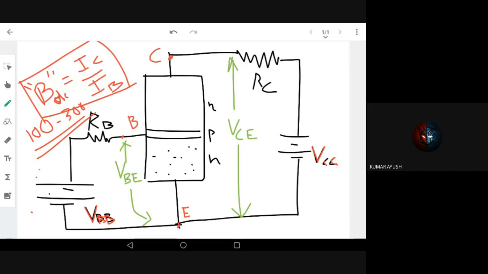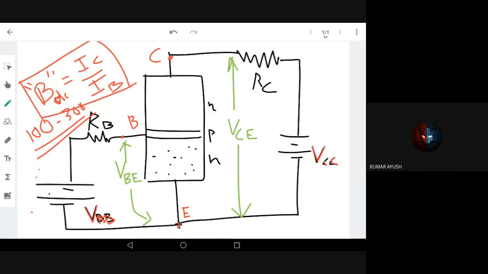The beta value also varies with power: a high power transistor may have more or less values of beta. So that is the case of beta.